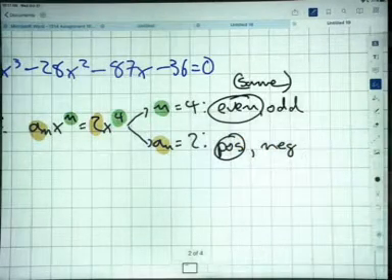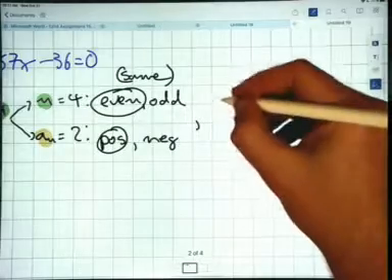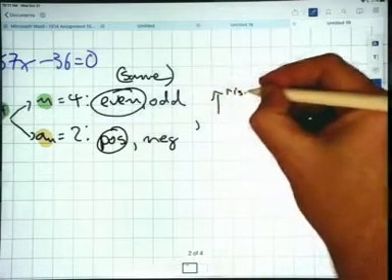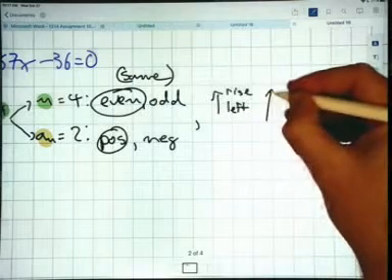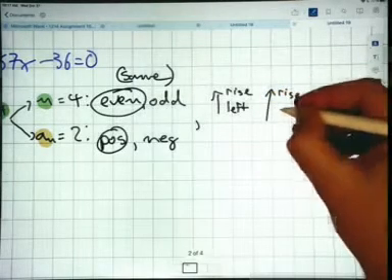So if you have an exponent that is even, that means you have the same end behavior. If your leading coefficient is positive, that means it's going to go up on both sides. So I'm just going to write that my end behavior is going to rise on the left, and it's going to rise on the right.